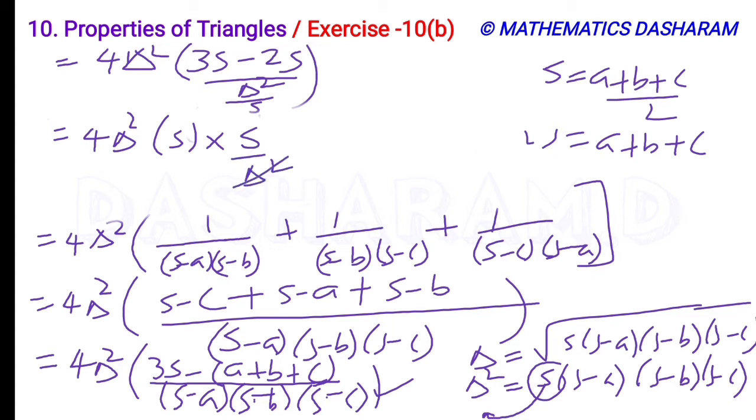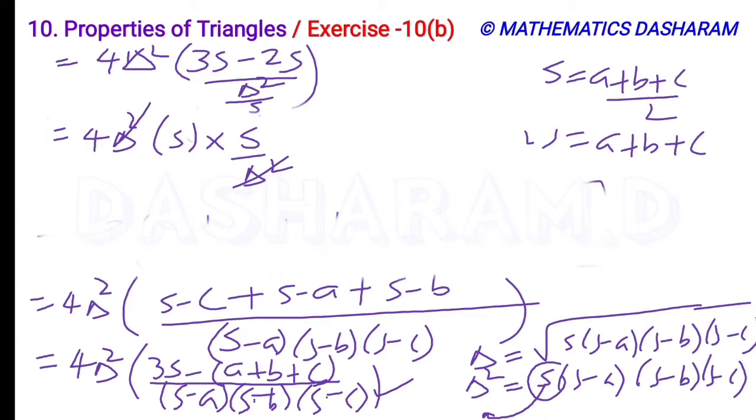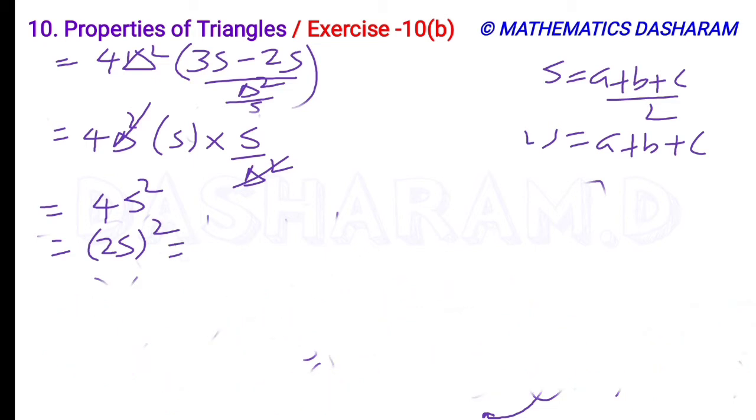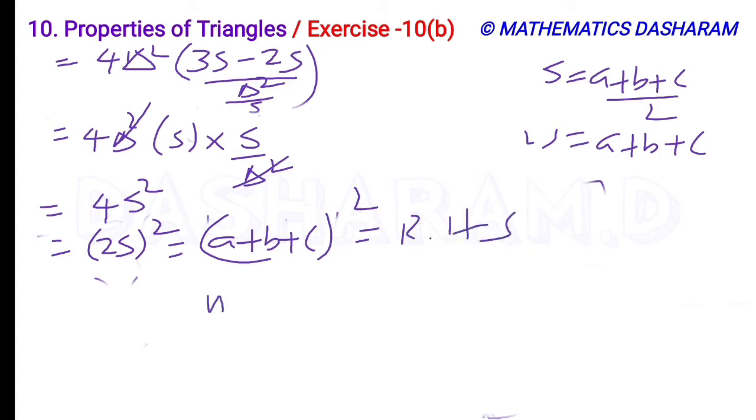So then delta square cancel. So then 4 into S square. 4 into S square means it is 2S whole square. But 2S equals what? A plus B plus C. So that is why (A plus B plus C) whole square, it is equals to RHS. So hence proved.